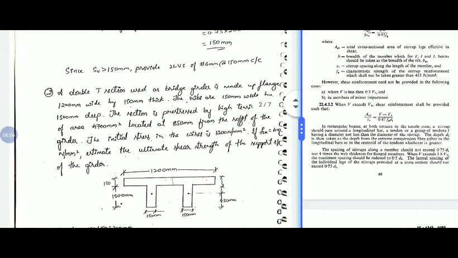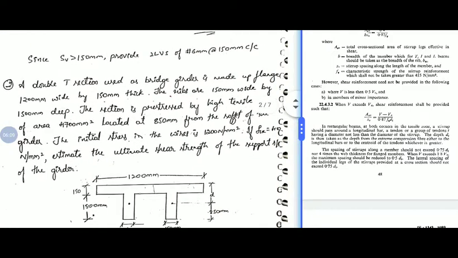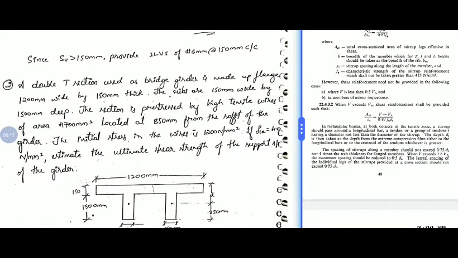Next problem. A double T section used as a bridge girder is made up of flanges 1200 mm wide by 150 mm thick. The ribs are 150 mm wide by 1500 mm deep.